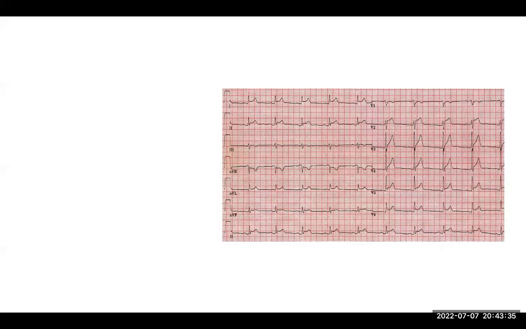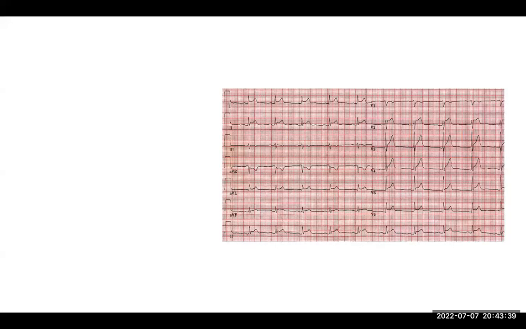Now, miscellaneous. We start with this first ECG. I know maybe you are not able to pick it and it's not an interactive session, but there's something that is very unique. There is ST segment elevation in V2, V3, V4, in inferior leads, in the lateral leads, everywhere basically. It is not territorial.